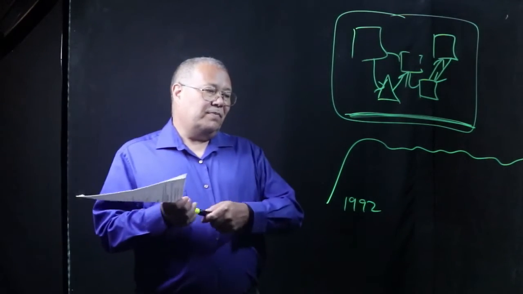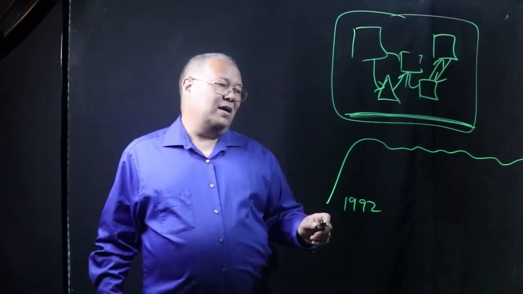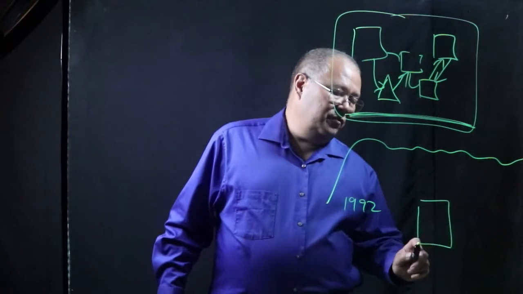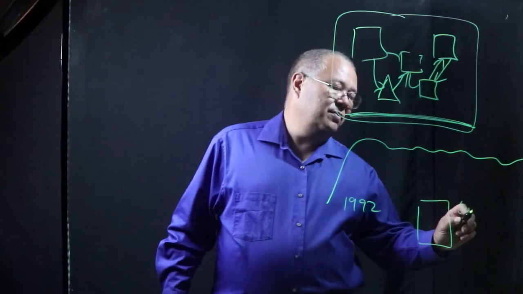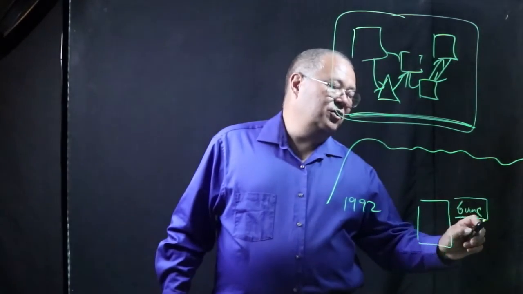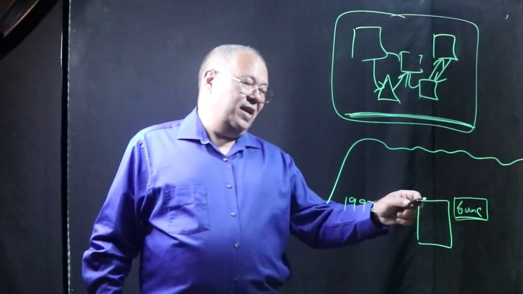Now, basically, the idea behind objects is we have some chunk of data, and that data is going to have some set of functions associated with it. And those functions tend to be the interface to the data.